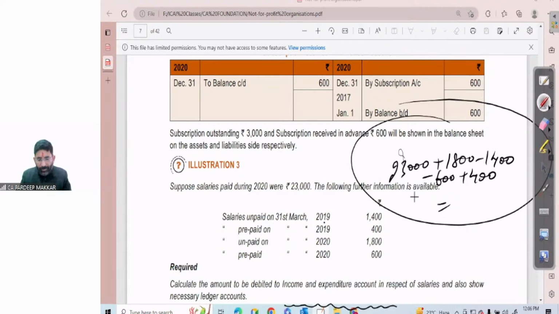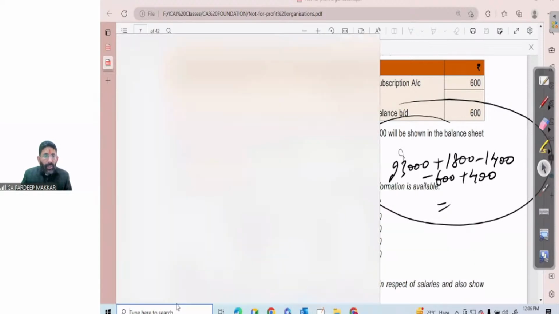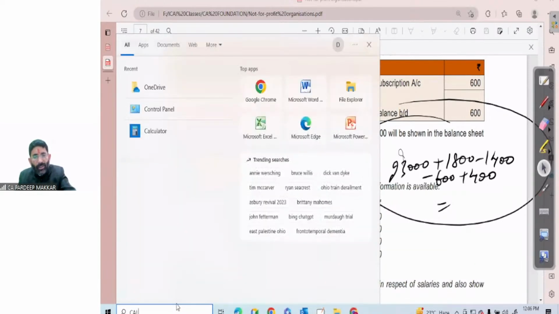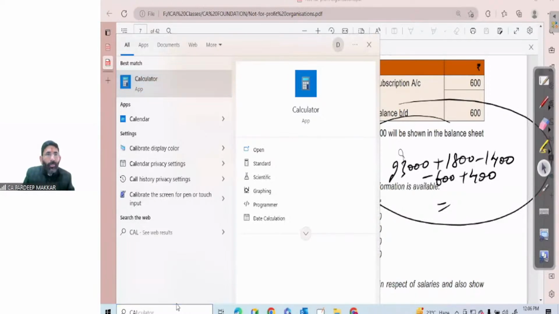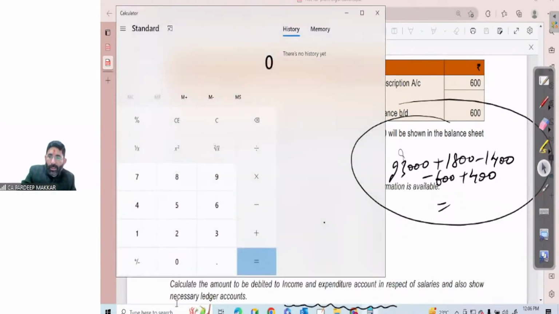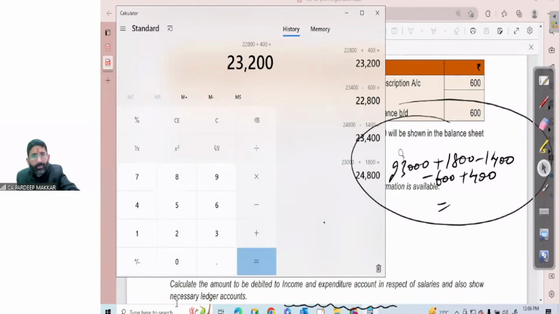How much it is? कैलकुलेशन भी ठीक करने की कोशिश करो बेटा. क्या कैलकुलेशन है इसकी आपको? मुझे लगता है मुझे ही कैलकुलेटर ओपन करना पड़ेगा. ऐसा लग रहा है मुझे ना. कैल्सी. कैल्सी कहते हैं ना आप लोग. हमने कभी नहीं कहा इसको कैल्सी. आज आपके साथ इसको कैल्सी कह देते हैं ना. तो दिस इज कैल्सी. ओके. So this is 23,200.